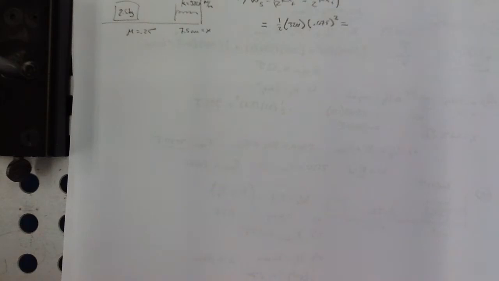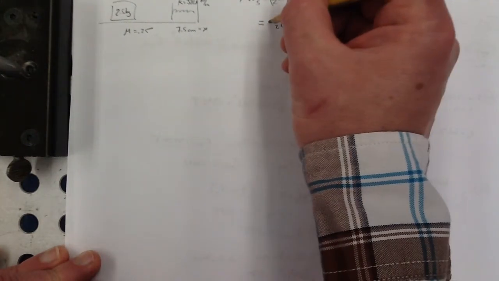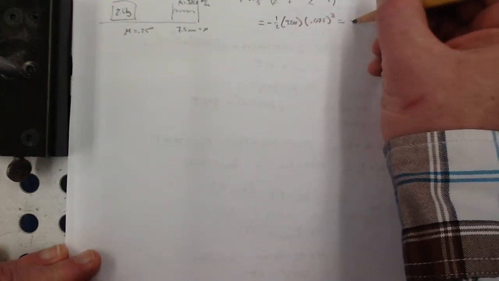I'm going to push some buttons on my calculator. I think you can just think about that as is the spring adding energy into or taking energy away from the block? It's taking energy away from the block, so it's doing negative work.